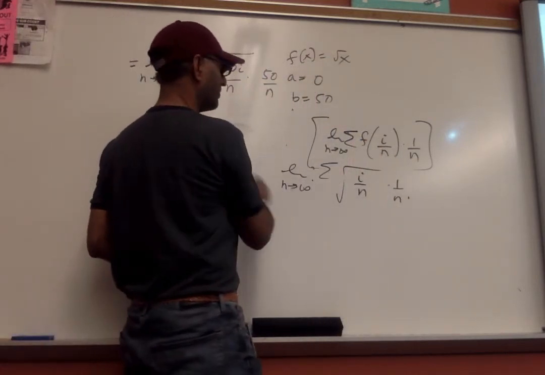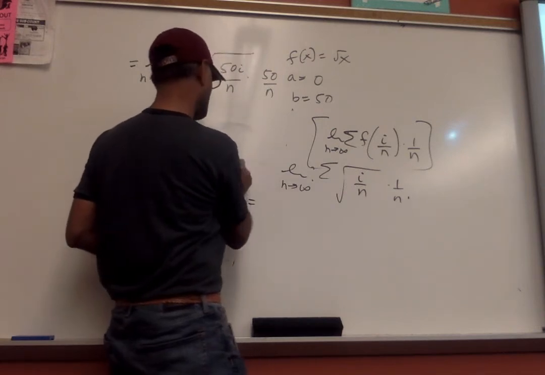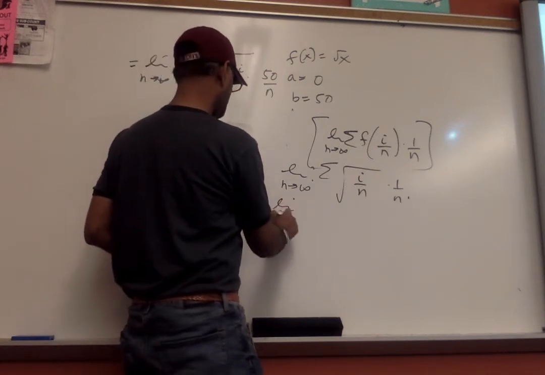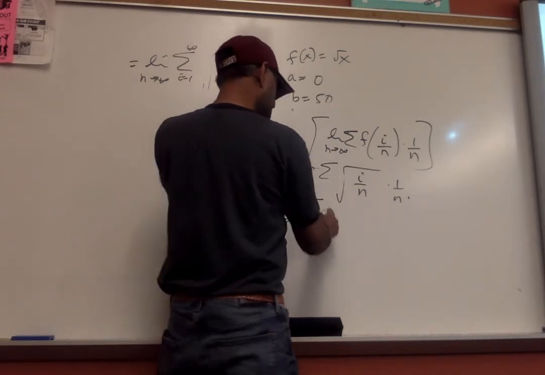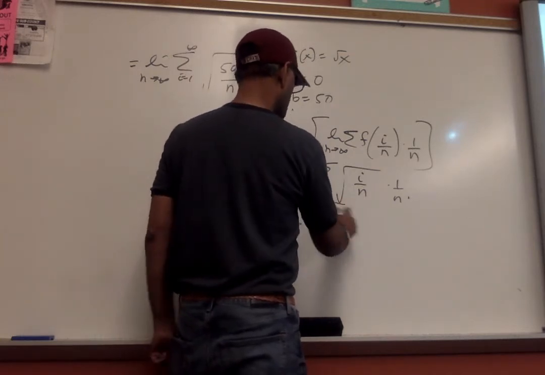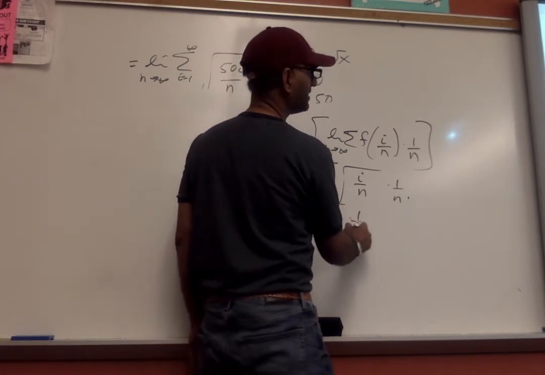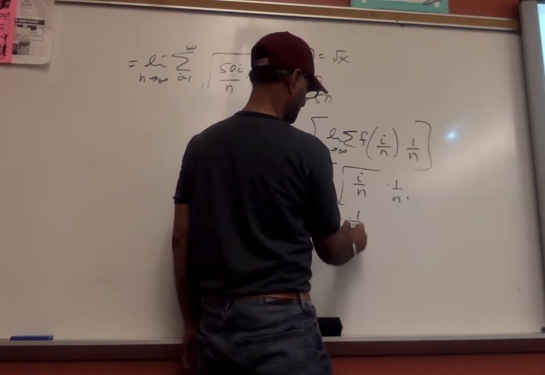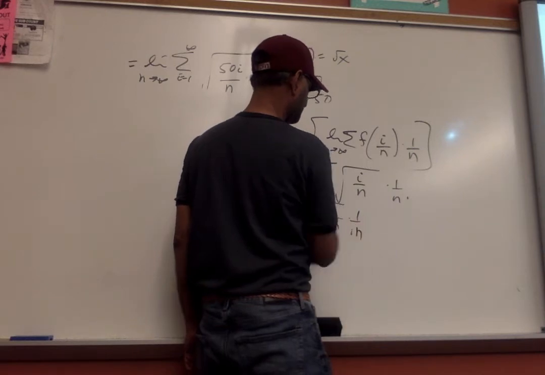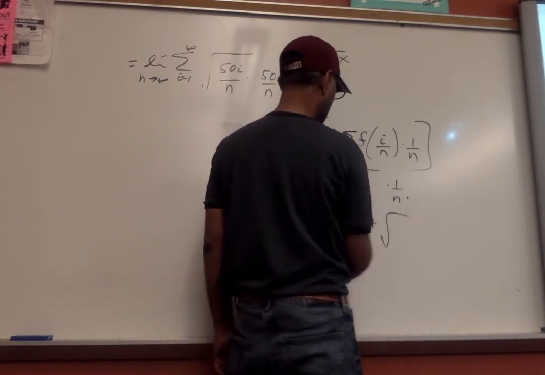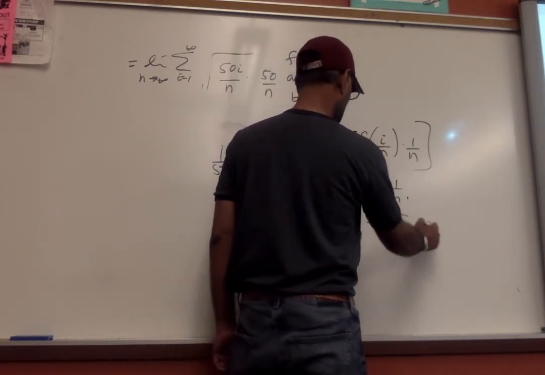Oh, and then they have a 1 over 50 outside, right? Limit n approaches infinity. Summation, we remove the summation. Radical 1 over n times 1 over n. Correct? Plus radical 2 over n times 1 over n.